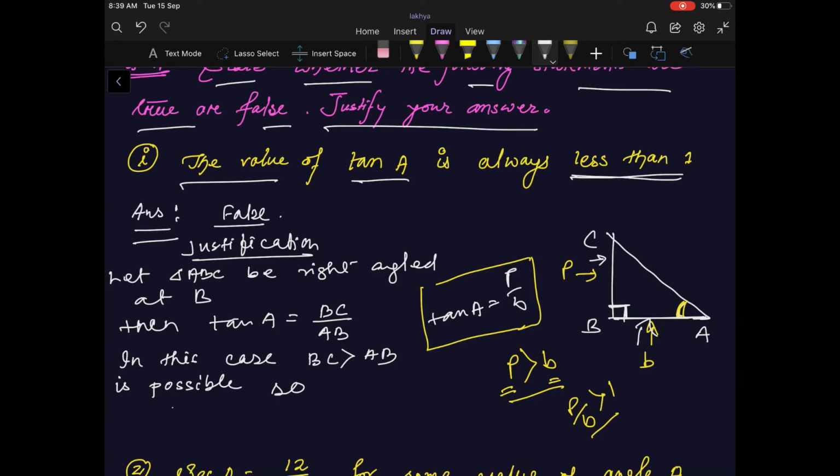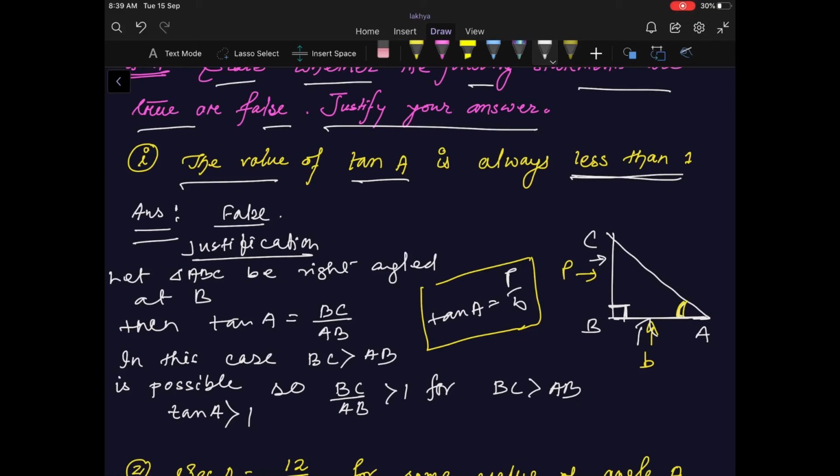So we can write BC by AB is greater than 1 for BC greater than AB, and hence tan A is greater than 1 for BC greater than AB.